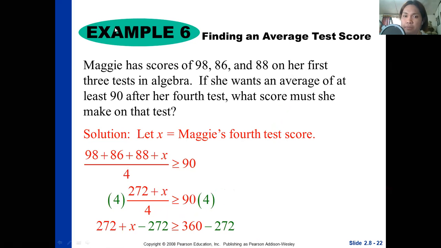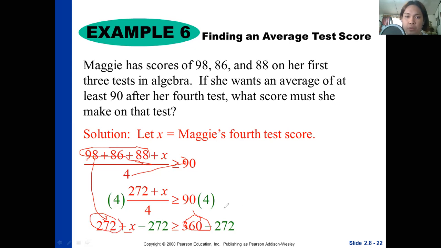4 times 90 gives us 360. And 98 plus 86 plus 88 gives you 272, plus x.